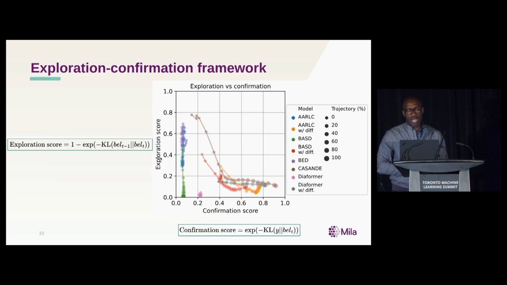We try to capture how different two consecutive predictions made by the agent are. And on the x-axis, we have the confirmation score. We try to capture how similar the predicted differential diagnosis is with respect to the ground truth differential diagnosis.